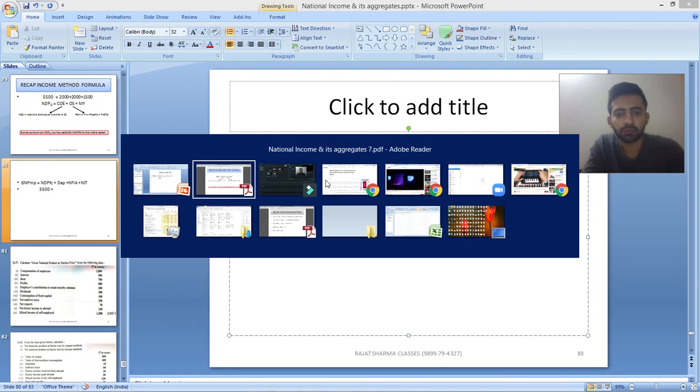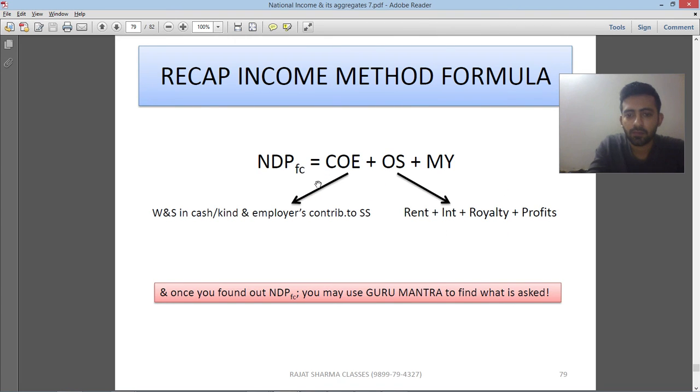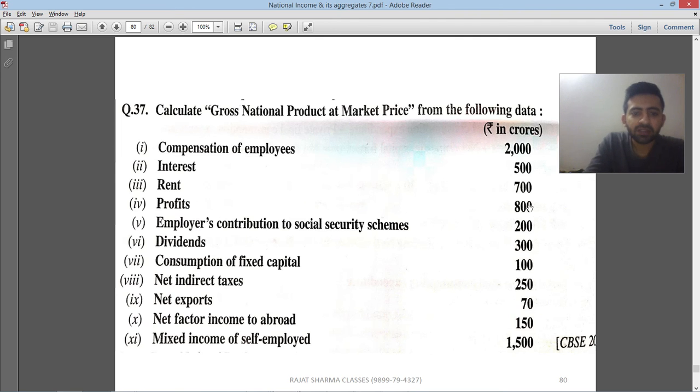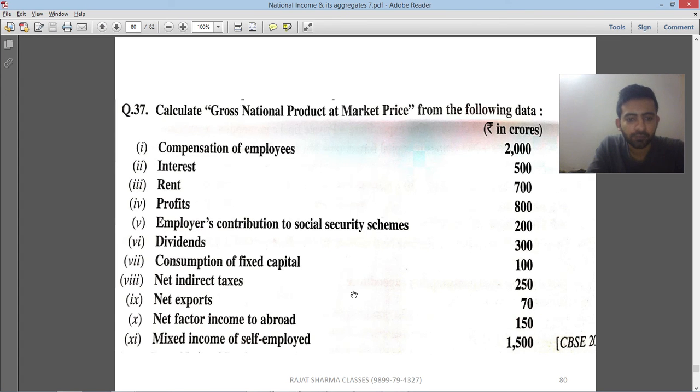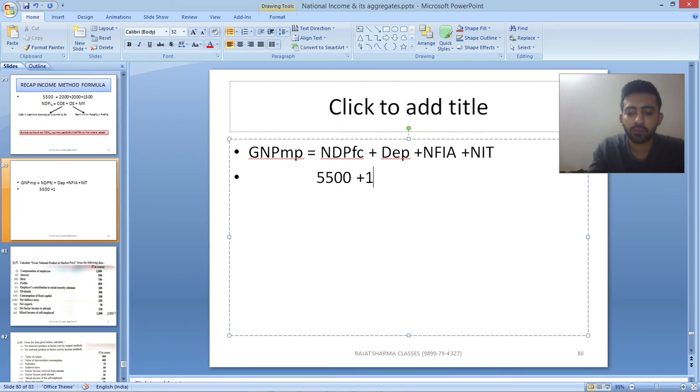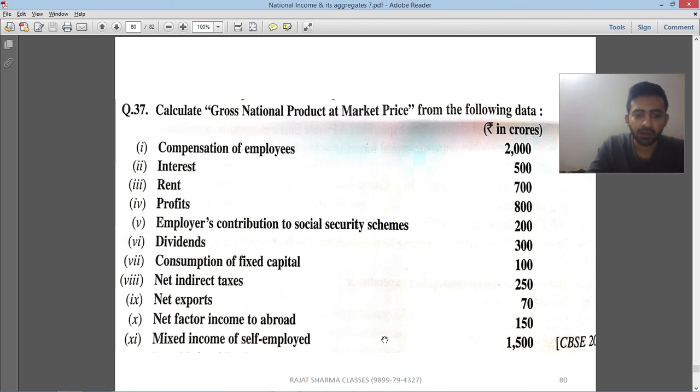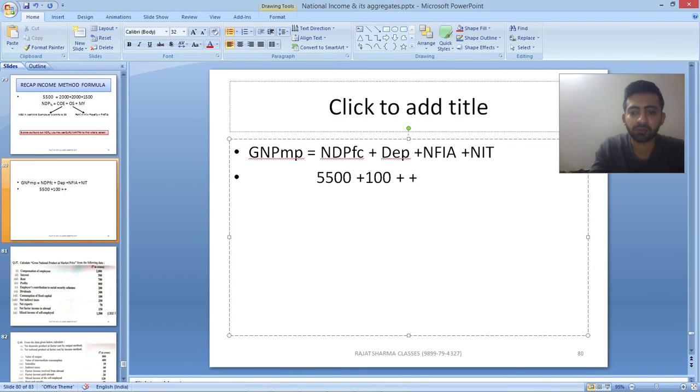5500 plus, look at the question. What is depreciation? Can you find depreciation here? Consumption of fixed capital is depreciation. How much is it? 100. Okay. Plus NFIA, net factor income from abroad. We don't have net factor income from abroad, but we have net factor income to abroad, 150. So that means NFIA becomes minus 150.